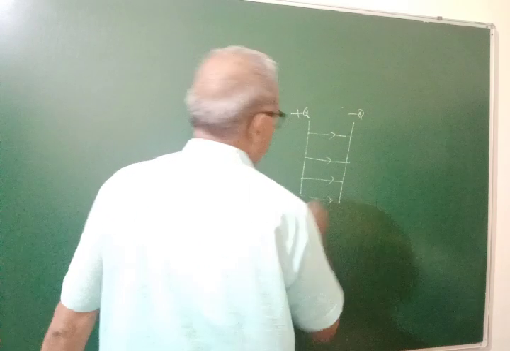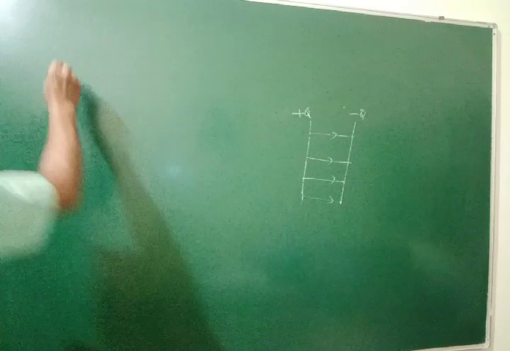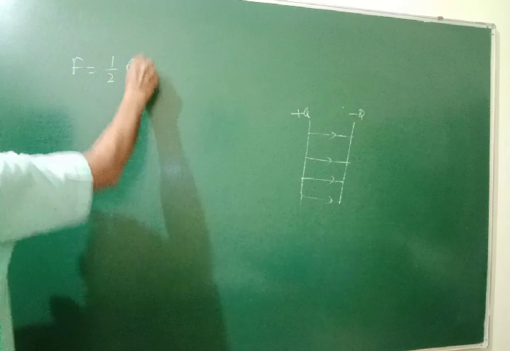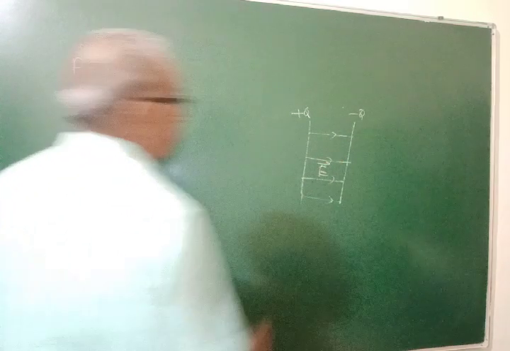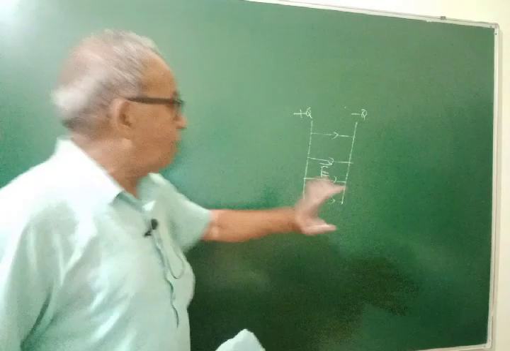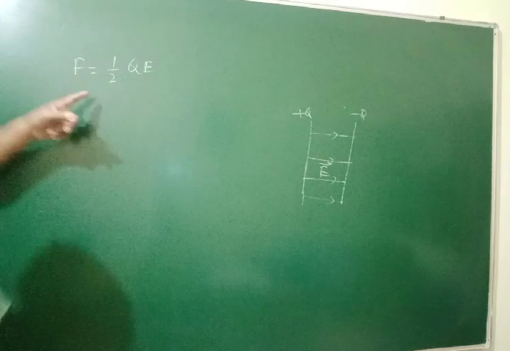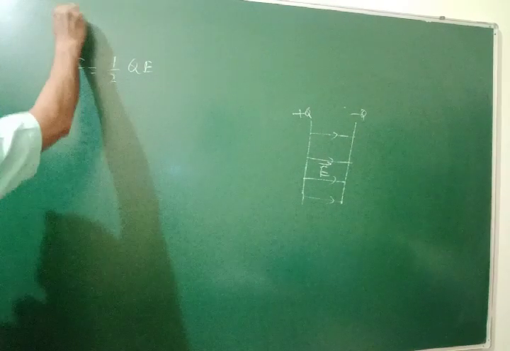It says that the force of attraction between the plates is equal to half Q into E, where E is the electric field between the plates. So if E is the electric field, it should be QE, but why is it half QE? Again, an important question.